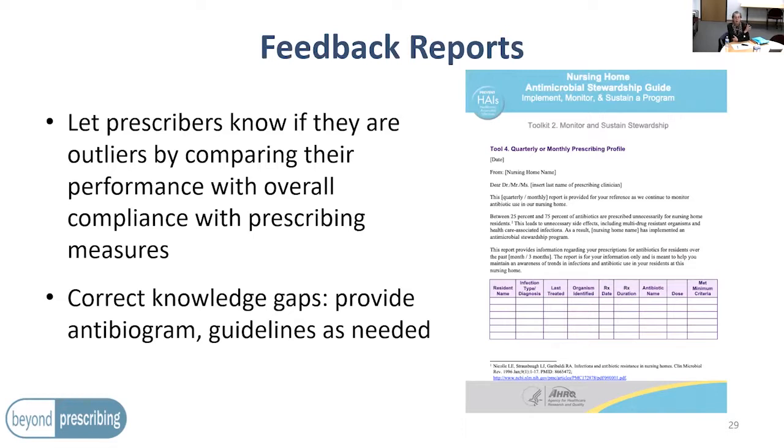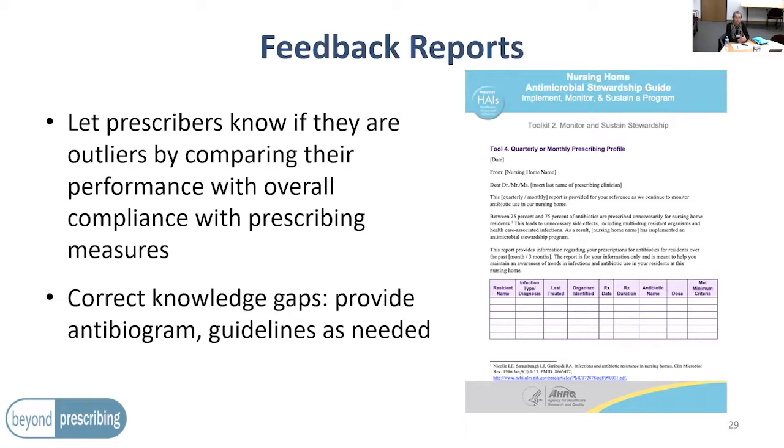It's a little hard to do this in long-term care because you don't really know how many patients each prescriber might be responsible for. So that's a lot of data collection. But if you can just have people compare themselves to the mean overall, that might be helpful.